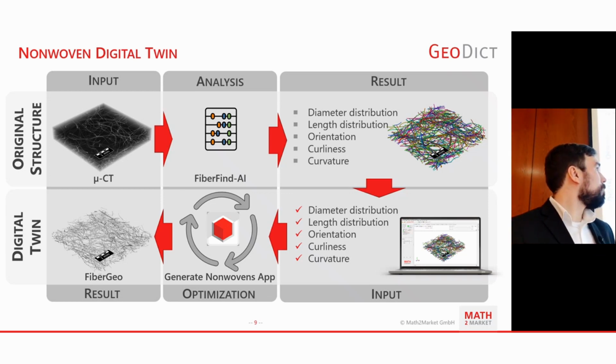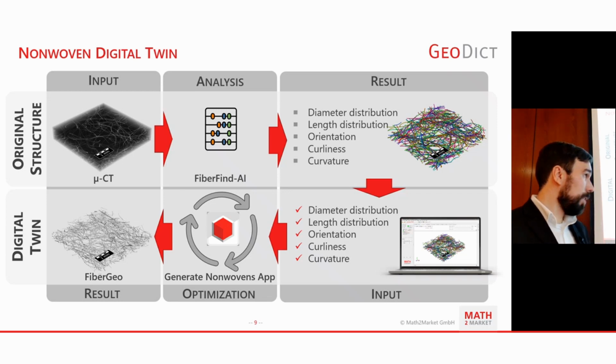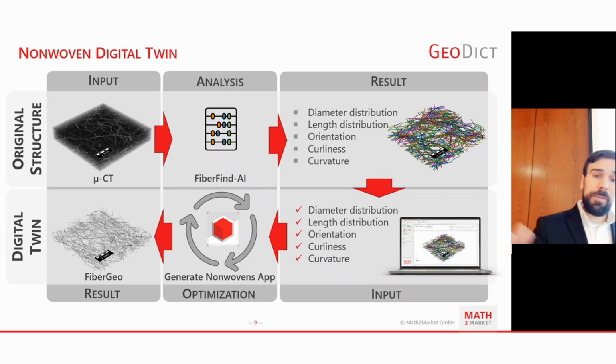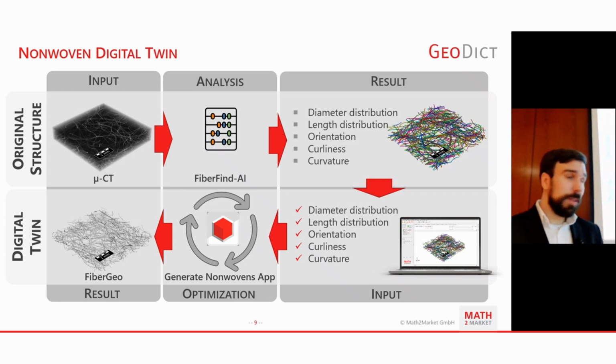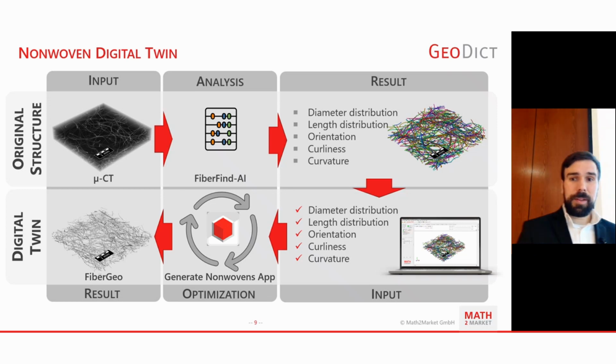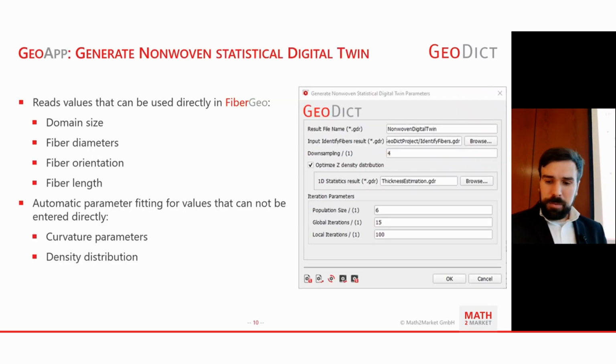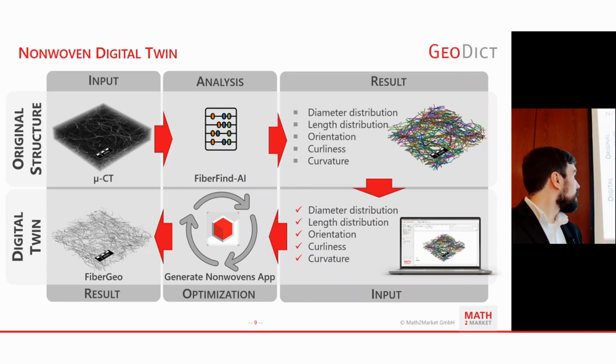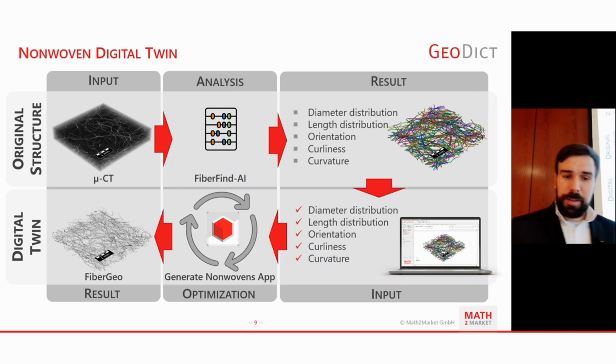So diameter distributions, lengths, orientation, curliness, curvature, they all can be used as inputs in the digital twin app. The app will, on one side, use some parameters directly, and others will have to be optimized. And then we get to our FiberGeo result.